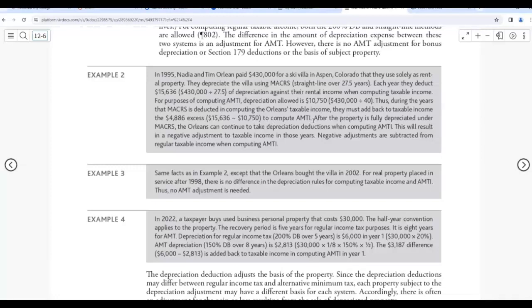After the property is fully depreciated under MACRS, the owners can continue to take depreciation deductions when computing AMTI. This will result in a negative adjustment.